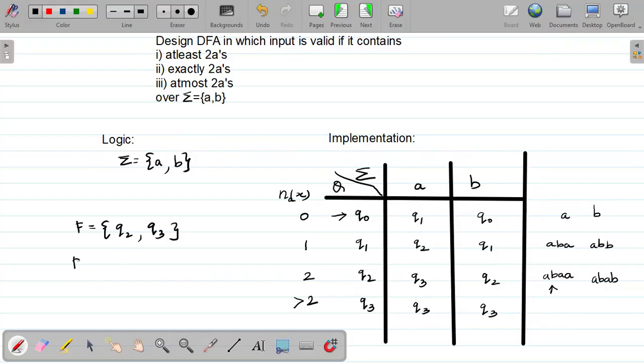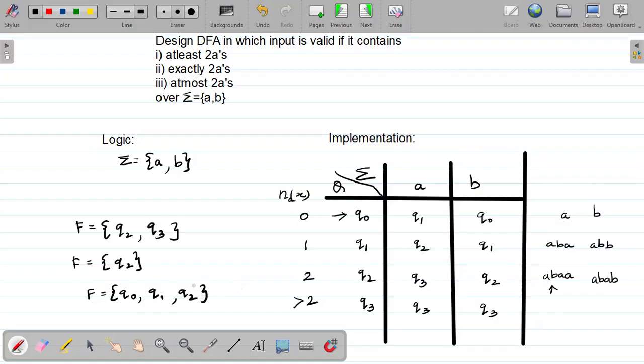This is where we have to be careful about where the final state would be. For exactly 2 a's, we have the Q2 state, which indicates there are 2 a's, so that will be the final state for subproblem 2. For subproblem 3, we have at most 2 a's. At most means we can have 0, 1 or 2 at maximum, not more than that, so Q0, Q1 and Q2 will be the final states.